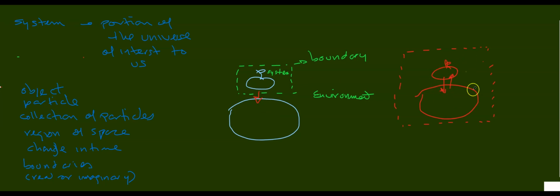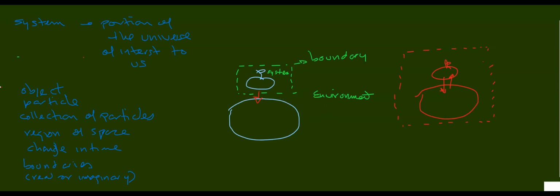But if I do it like that, the earth and the apple are inside my system, so these forces are internal. Okay, so we'll get there, but the first step in doing problems involving energy is to define the system by means of a boundary.